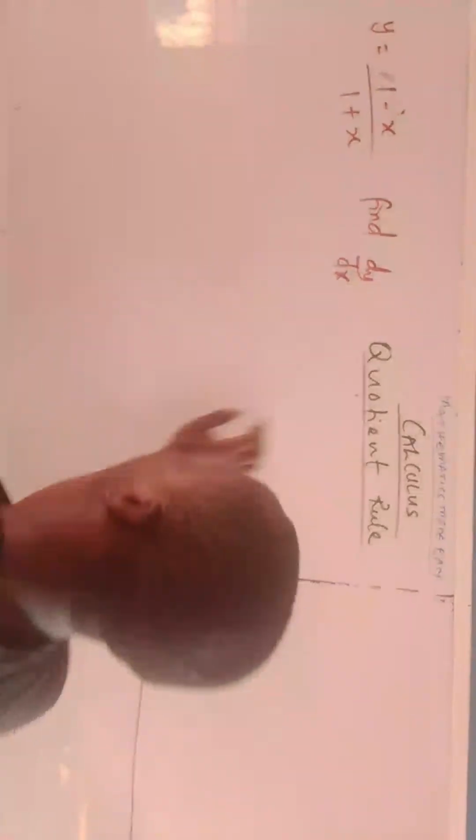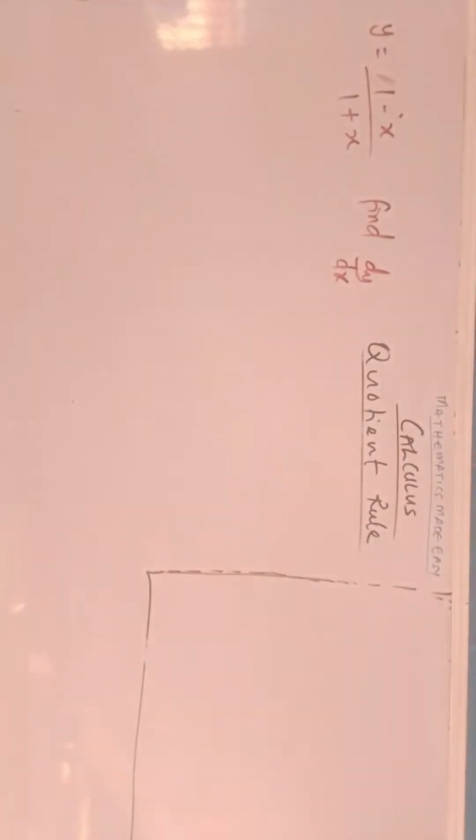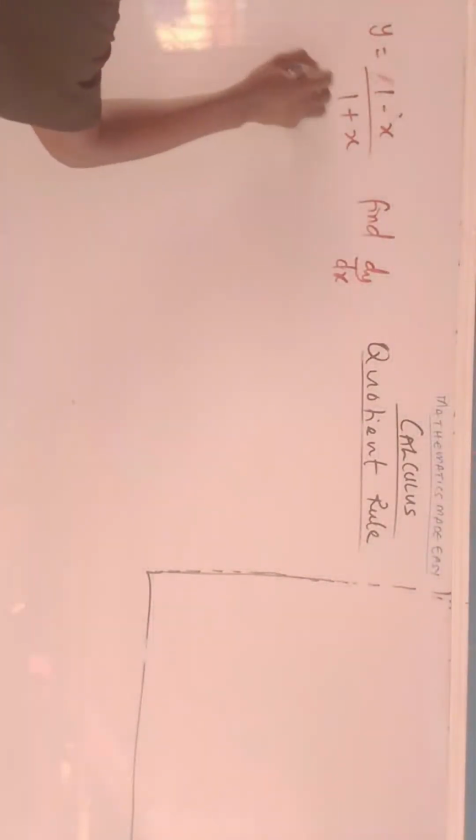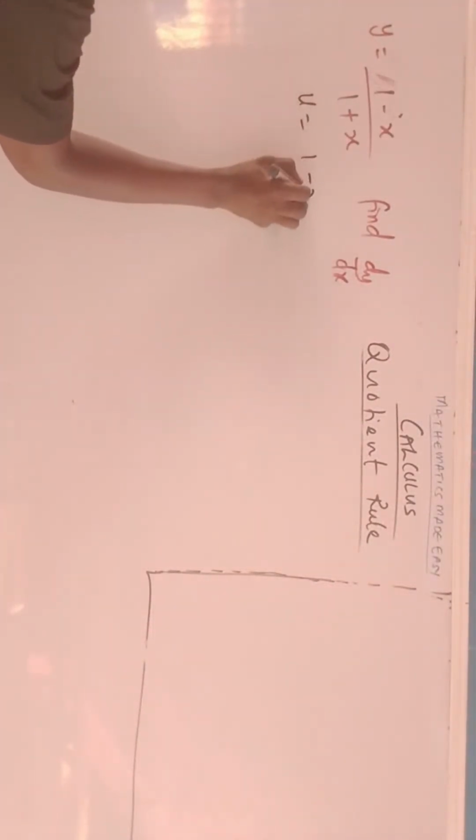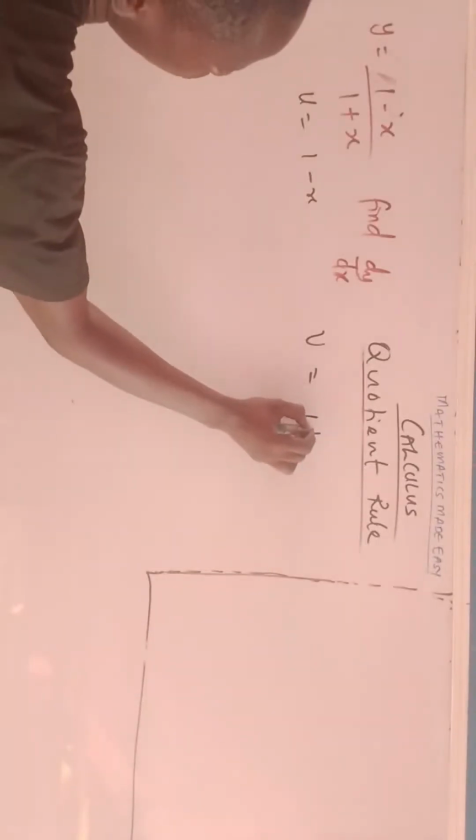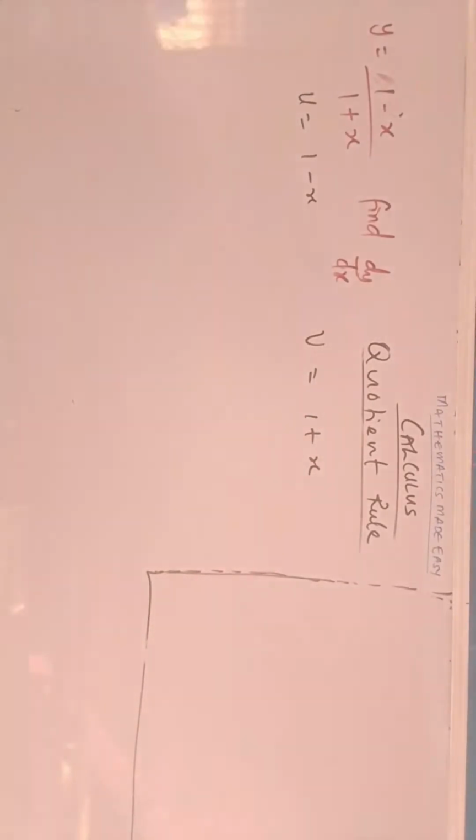We are going to make use of our quotient rule to find the derivative of this particular function. As you usually do, you make use of your substitution. Let u be equal to 1 minus x, and let v be equal to 1 plus x. Are we together?